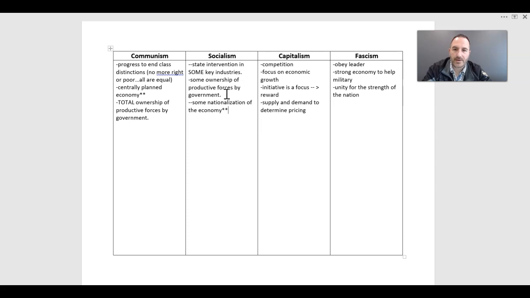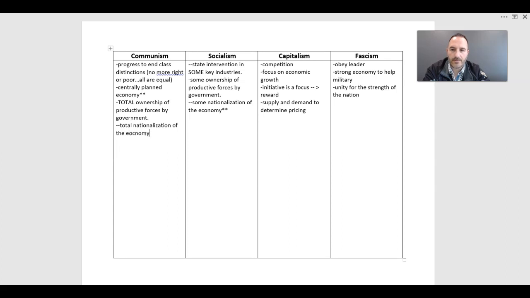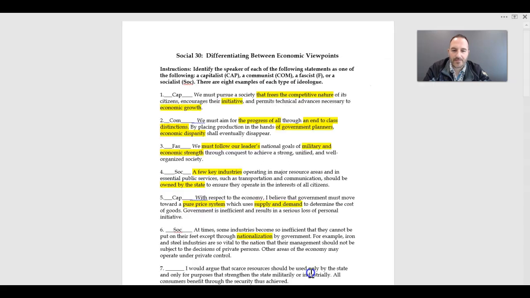We're going to double star that because it's important. And then we're going to say total nationalization of the economy. Would help if I could spell. There we go. So total versus some, right? And it's a matter of scale here, guys. It's a matter of scale.